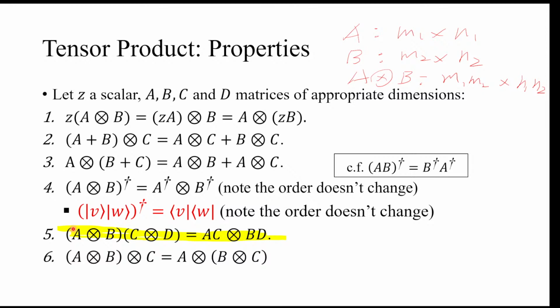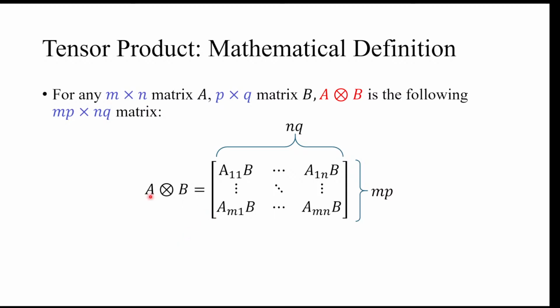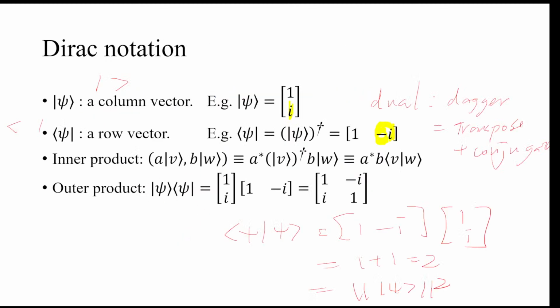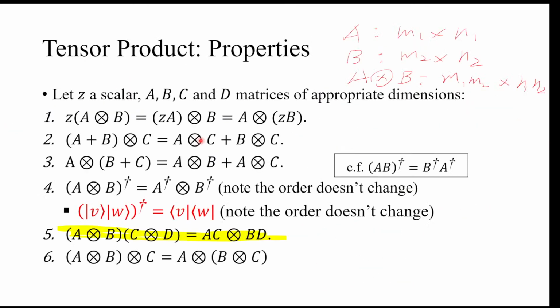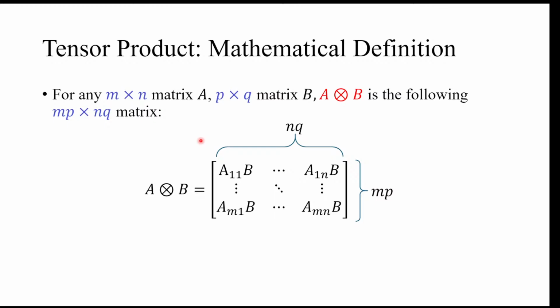We like this slot notation, and we use tensor product to denote different quantum registers. And we already see the example. For example, all those quantum states, we have a tensor product between the first qubit and the second qubit, etc. Okay. So we have a very general definition of tensor product here.